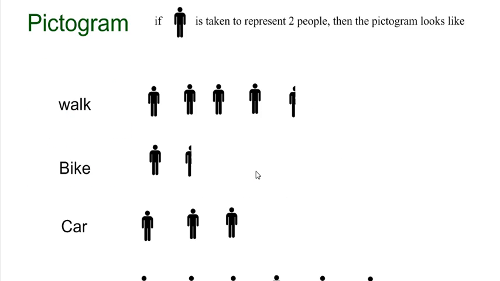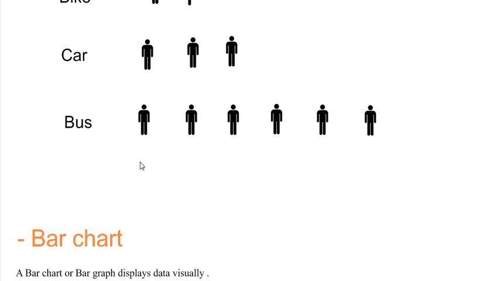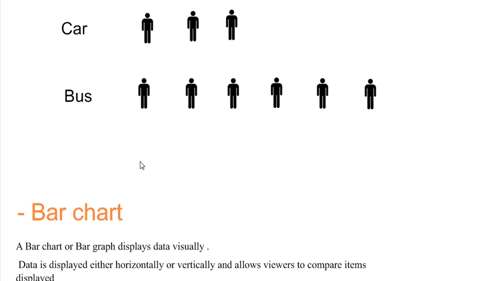Another method is the bar chart. A bar chart or bar graph displays data visually. Data is displayed either horizontally or vertically and allows the viewer to compare data.